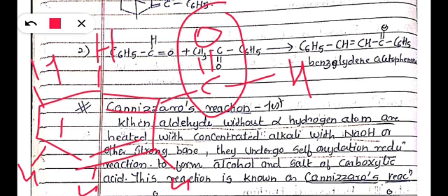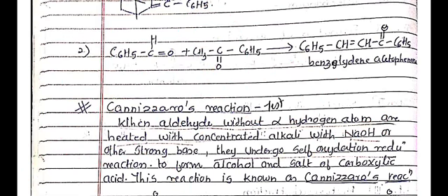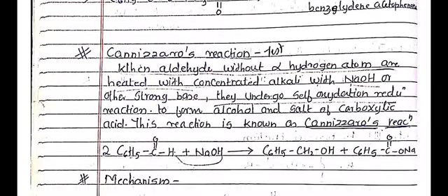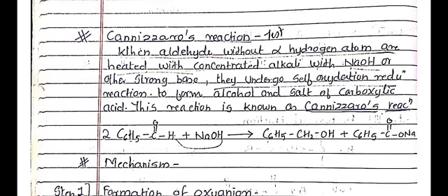Here there is no adjacent carbon, so no alpha hydrogen. Here the first carbon is the alpha carbon atom, but this alpha carbon atom is not attached to hydrogens, which means there are no alpha hydrogen atoms. So in the Cannizzaro reaction, the special condition is an aldehyde group without alpha hydrogen atoms.